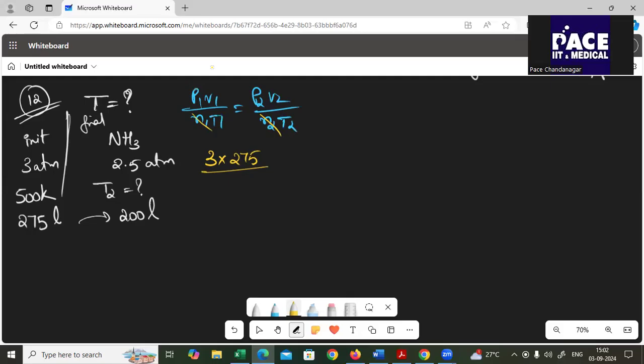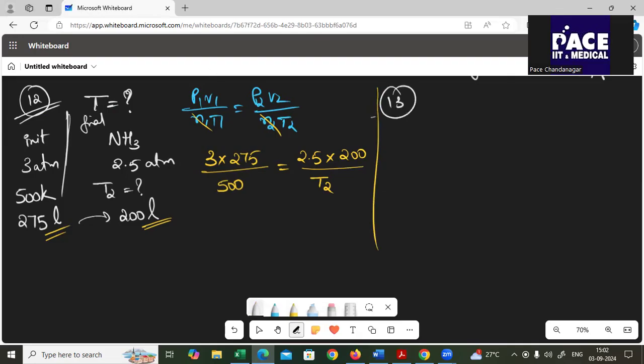T1 is 500 Kelvin in the first case, equal to P2, pressure 2.5 atm, V2 is 200 liters, make sure everything is in proper units, by T2, which is being asked. Just cross multiply and bring out the values. I'm not doing the calculative part of this. Next, I'm moving on with the next question.